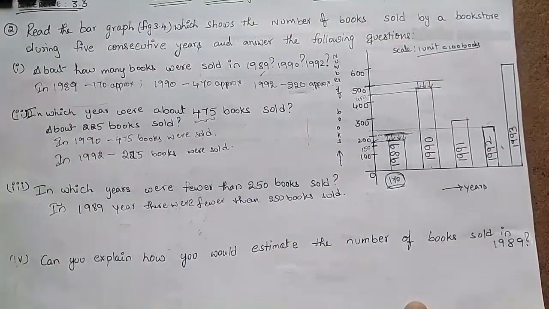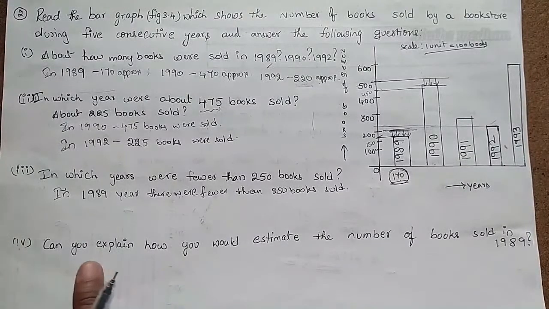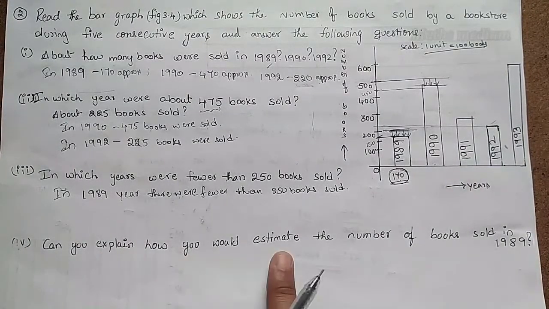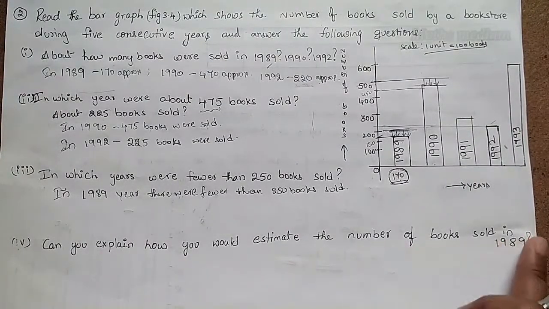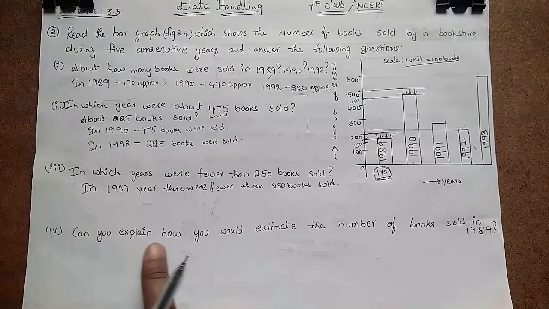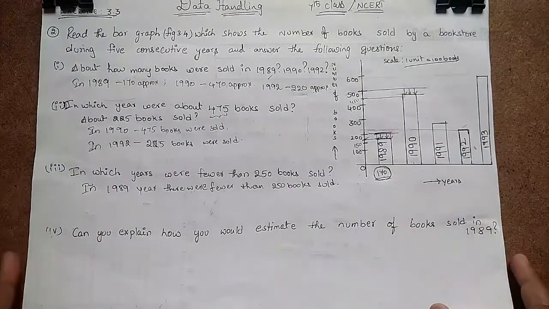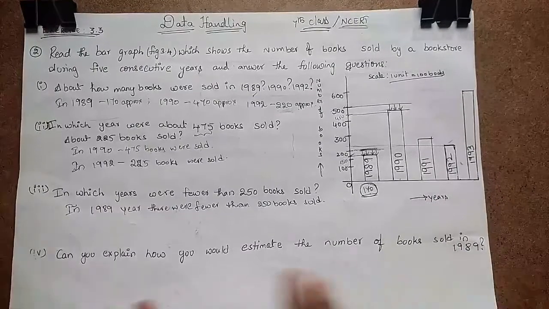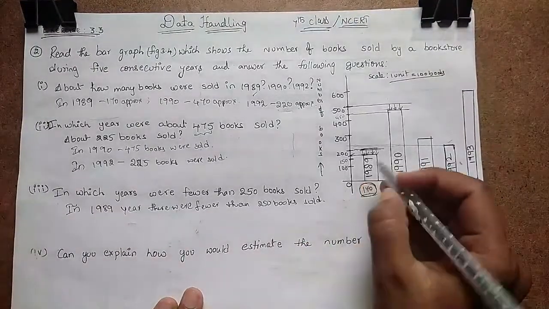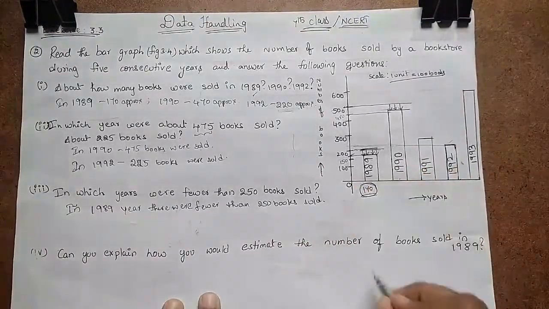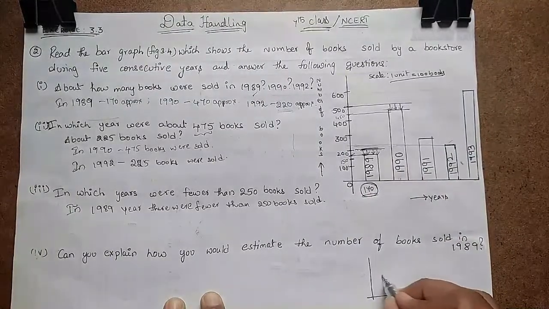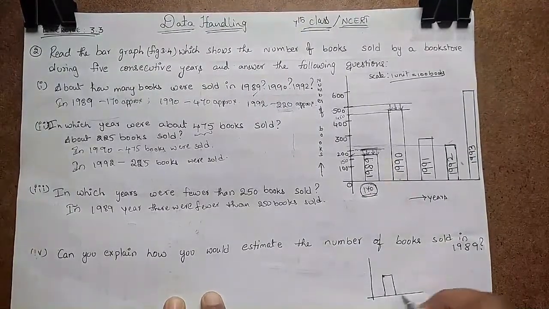Next, moving to the last question: can you explain how you would estimate the number of books sold in 1989? How we are estimating is the matter for this question. The bar graph is like this. See here, I am zooming in.